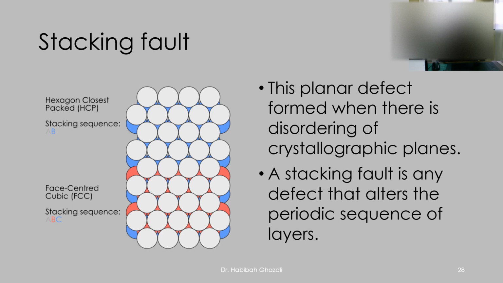But it can happen during the solidification of the materials that this stacking sequence can be disrupted.